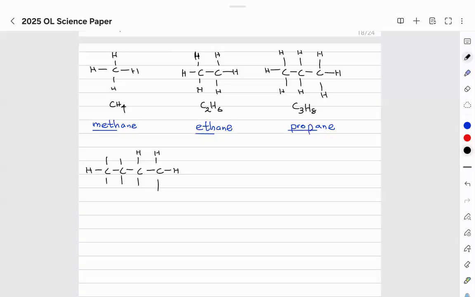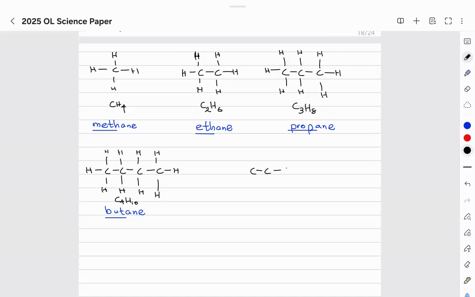In your textbook, they have given up to 5 carbon atoms. What is this? Butane. Yes, butane. So this is what you can see in LP gas, the propane and butane mixture. Butane means C4H10.